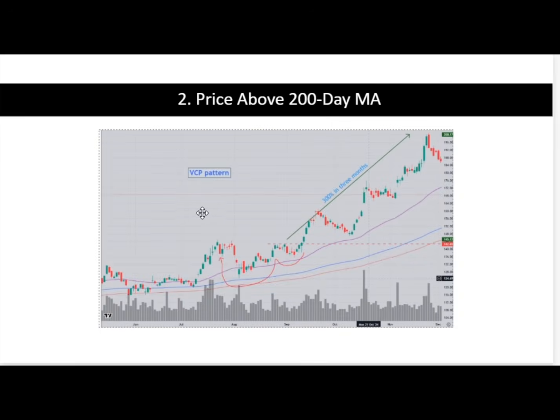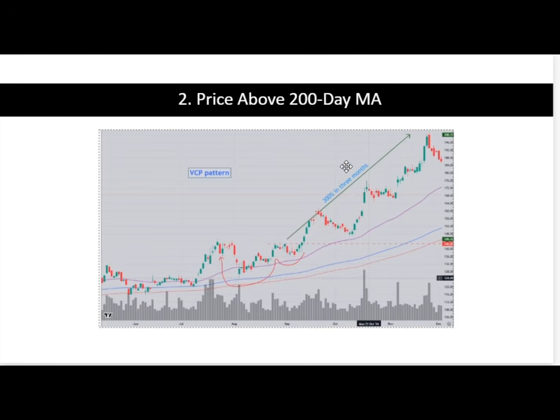Here is a chart of a stock. A successful VCP pattern took place in 2024, so it's not far from here. And the stock rose almost 30%. And as you can see here, it was above the 200 and above the 150 and above this line, which is an additional moving average, which we will cover here in a second.